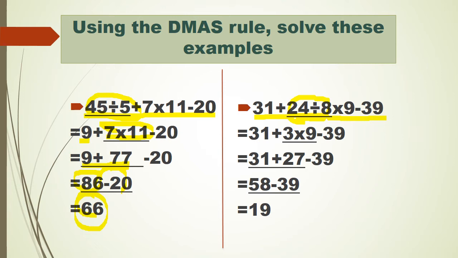Now after division, we will multiply 3 by 9. We will get 27. And then add 31 plus 27. We get 58. And lastly, subtract 39 from 58. Now the answer is 19.